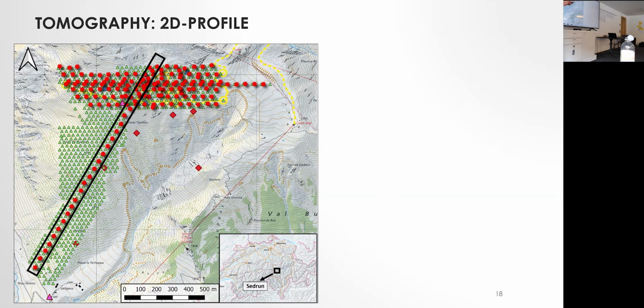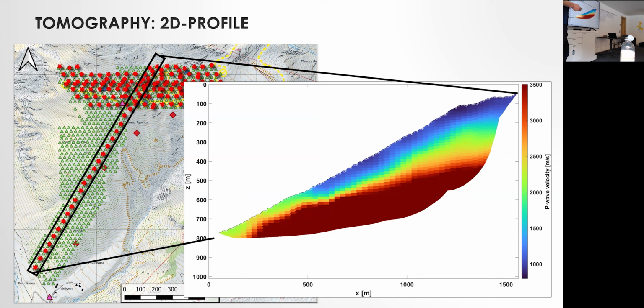If we run the inversion process for this data, we obtain this profile with depth on the y-axis and the lateral distance on the x-axis, where on the left side of the profile is the toe of the landslide here in the southwest, and on the right side is the shoulder part here in the northeast.